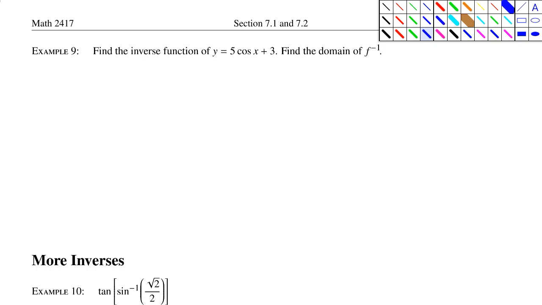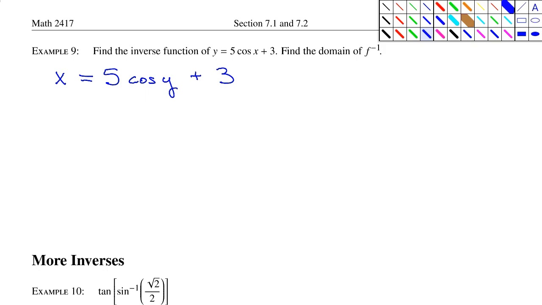Example 9. Find the inverse function of y equals 5 cosine of x plus 3 and find the domain of the inverse. So if we want the inverse, we proceed as normal. So y changes to an x, and x changes to a y, and we get x is equal to 5 cosine of y plus 3.